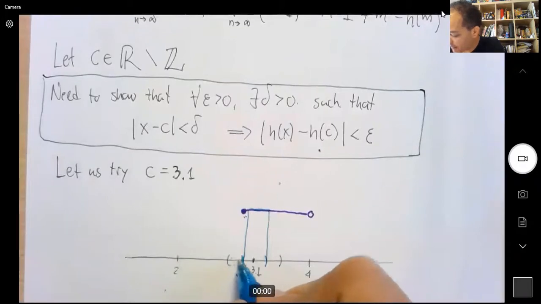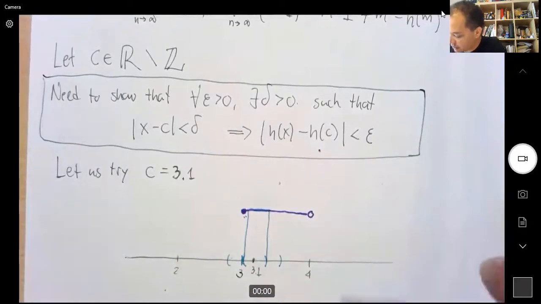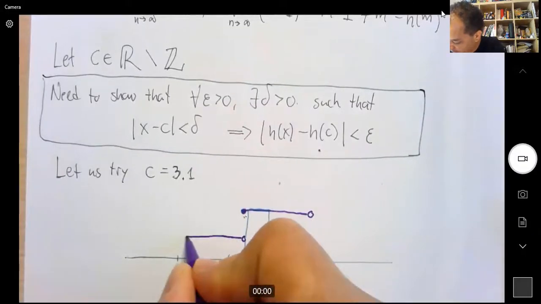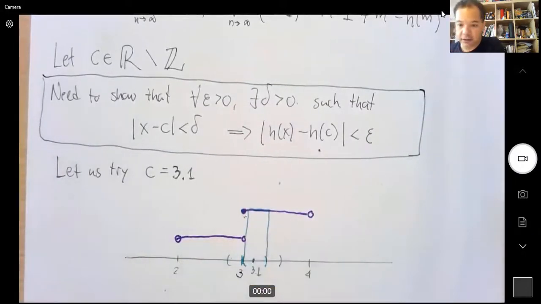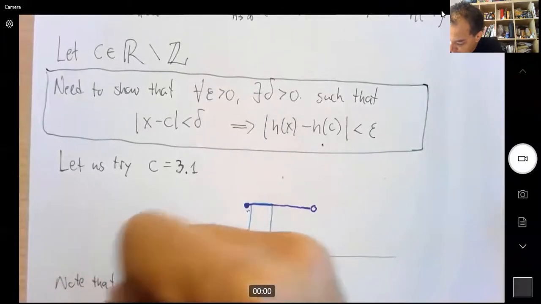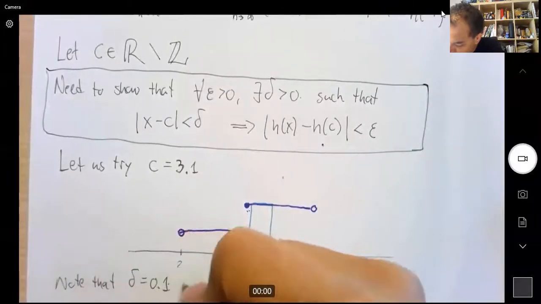And for those numbers that are less than 3, the function is not 3 anymore. It's 2, right? It's the next level over here, right? I don't want to do that. So the delta that I'm going to use is 0.1 or anything less than 0.1, as a matter of fact, right? So note that delta equals 0.1 works.